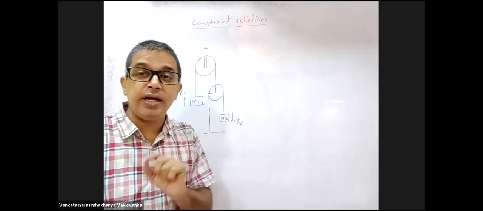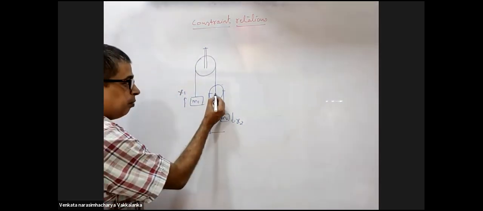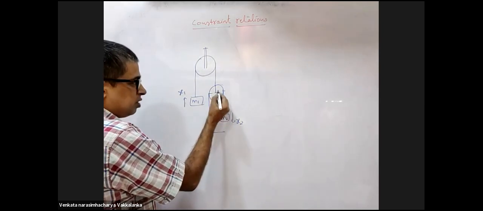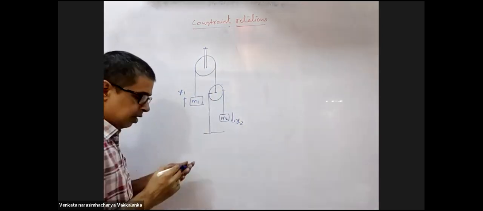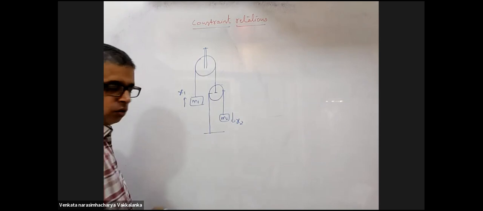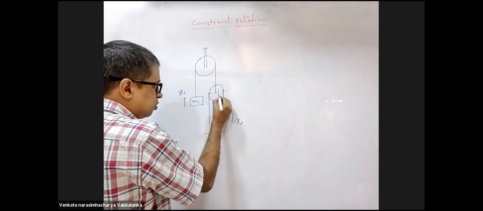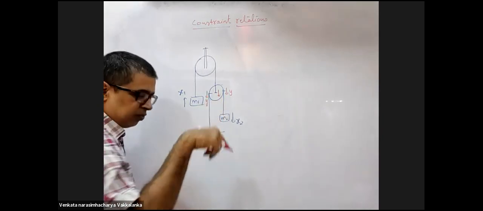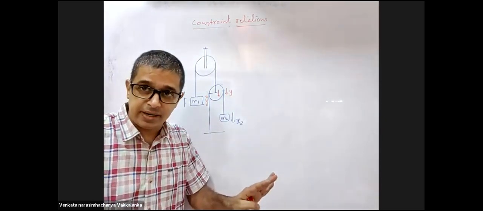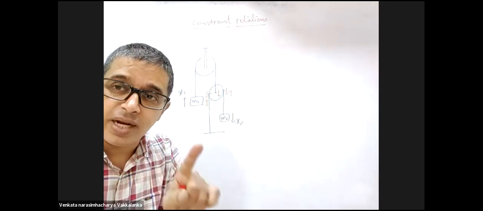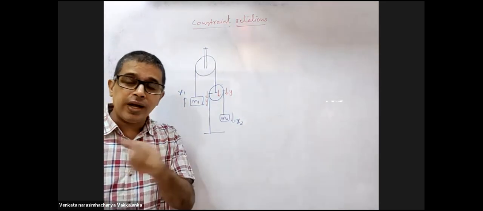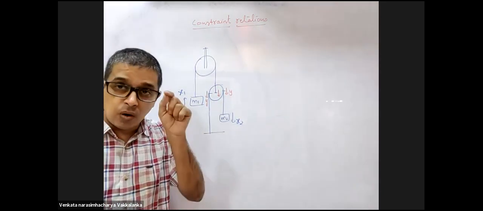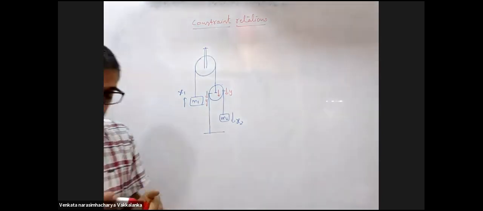The pulley is moving by some distance which you will have to find out. To help you solve, I'll temporarily take this to be moving down by y. Y is a variable which we introduced and we'll have to eliminate. I want the relation between x1 and x2.